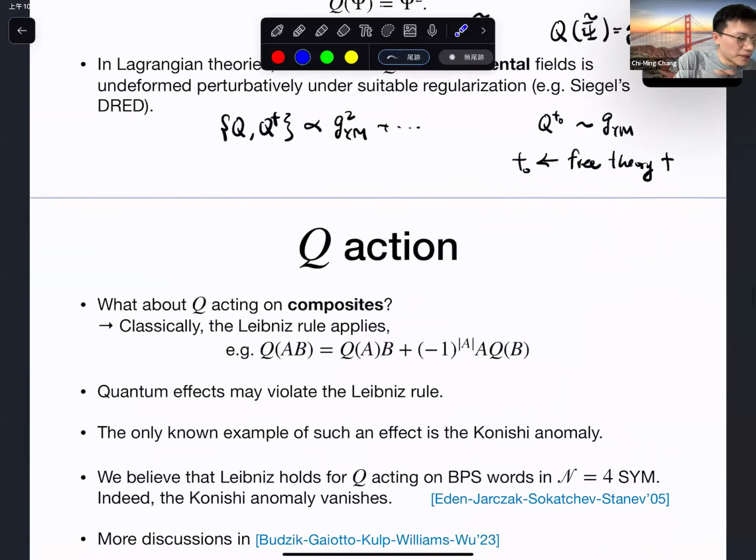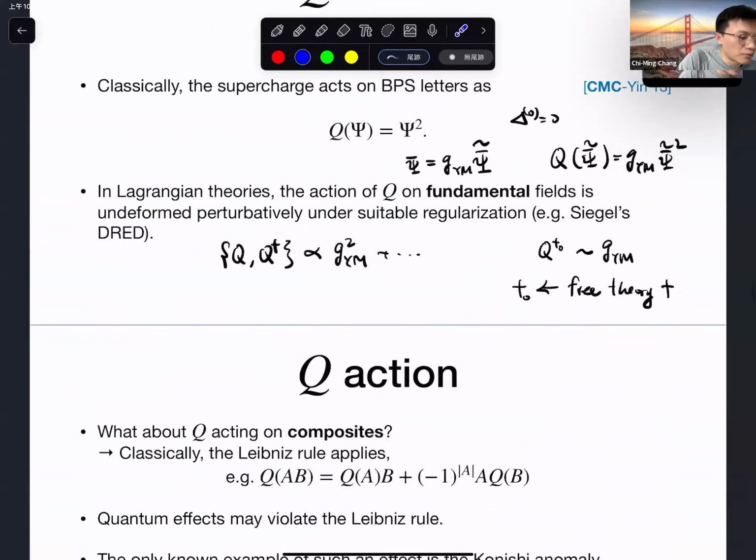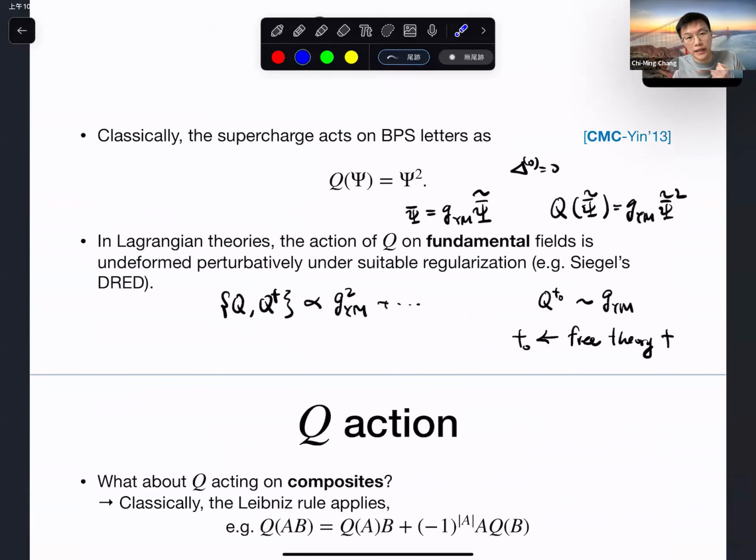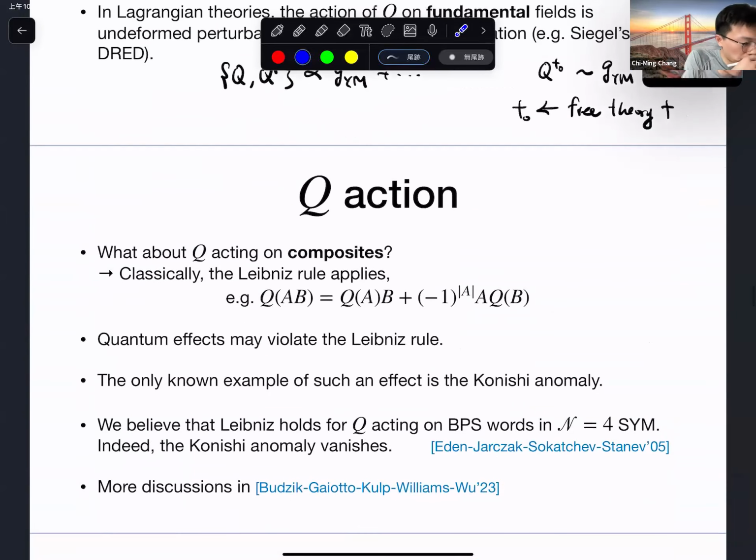Right. But this is not enough. The reason is that we want to act Q not just on a single letter, but on some composite of letters. If we act on composites, the way we act is to use the Leibniz rule. For example, Q acting on AB equals Q acting on A times B, plus A times Q acting on B, with a potential minus sign depending on whether A is bosonic or fermionic. But the quantum effect may violate the Leibniz rule.